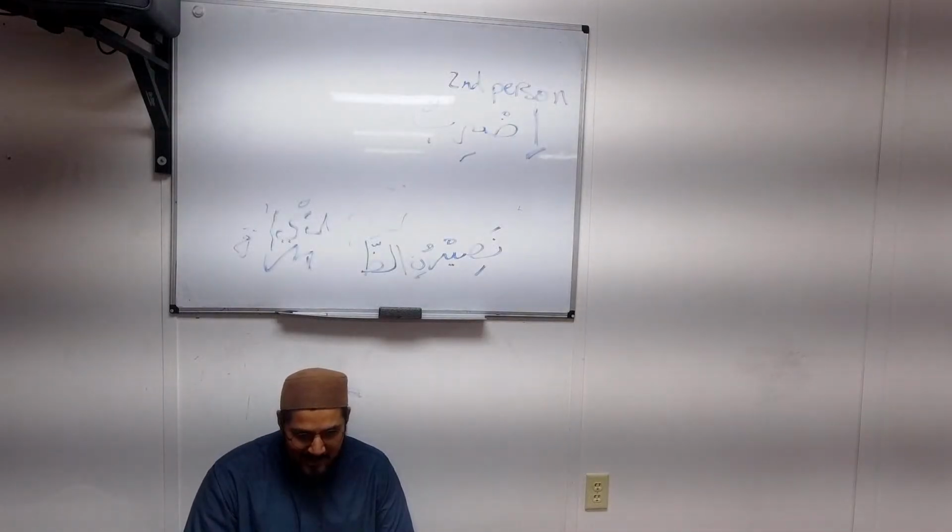When do we say that? After our wudu. The dua after wudu is what? Allahumma ja'alni minat-tawabin. So in the Quran we have inna Allaha yuhibbut-tawabina, Allah loves those who make tawbah. But Allah subhanahu wa ta'ala calls himself Tawwab. Where does he call himself Tawwab? Where?